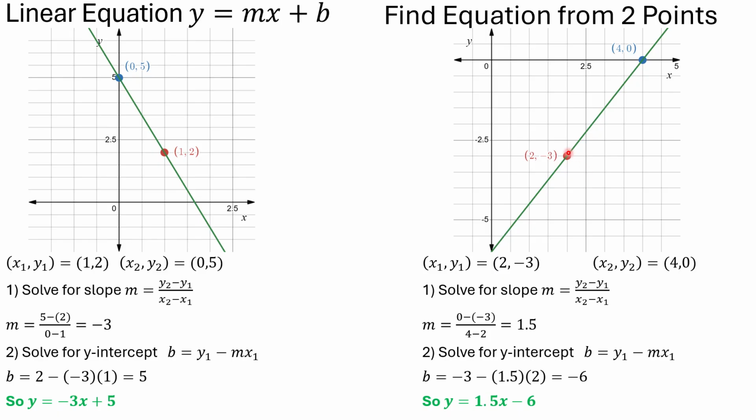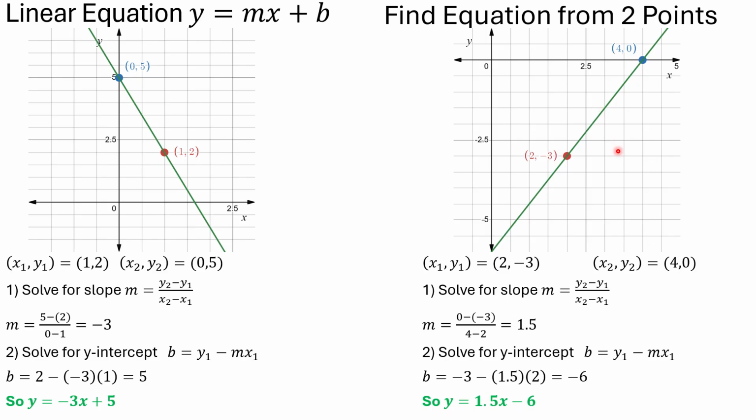You go rise 1, 2, 3, run 1, 2. Even though that's not 3 steps, that's 3 increments of 0.5. So that's really going up 1.5, and it goes across by 1. So you can count them.